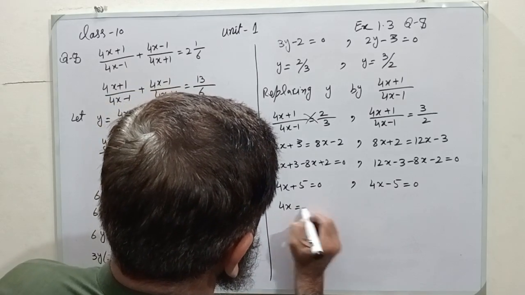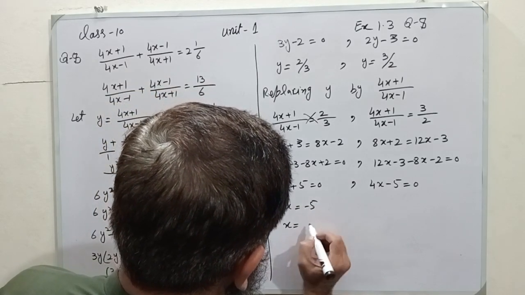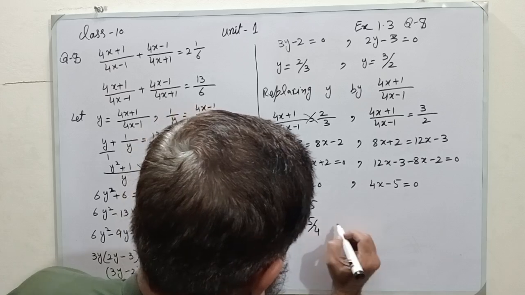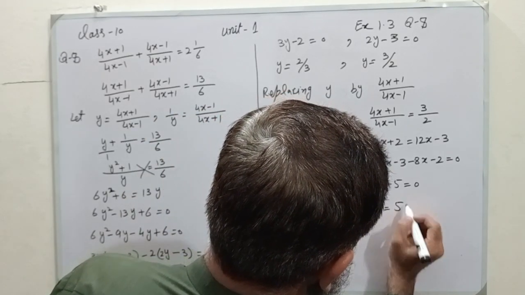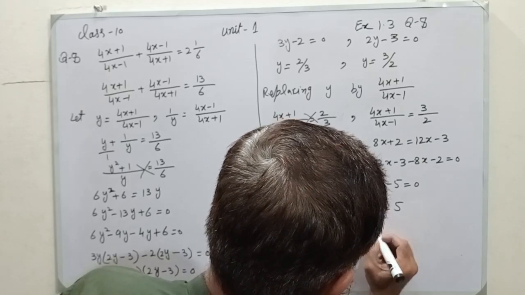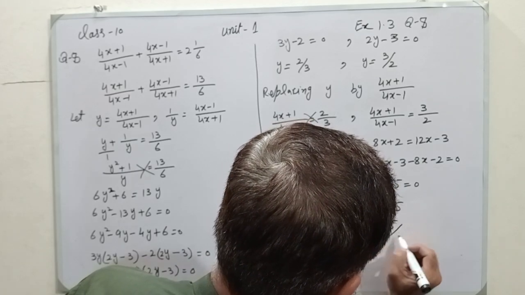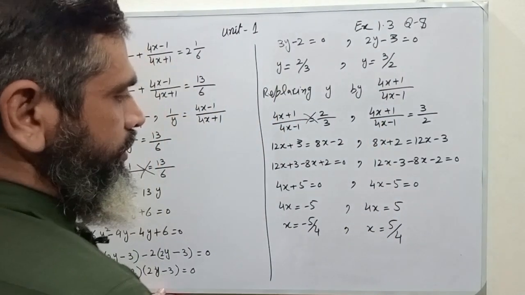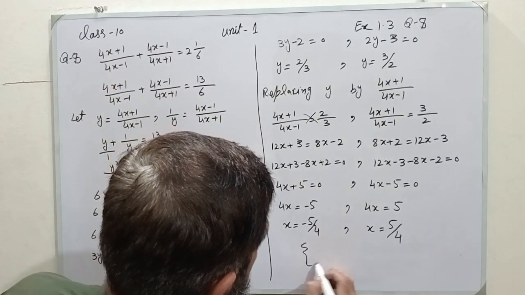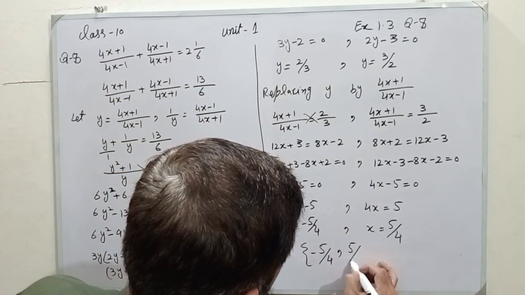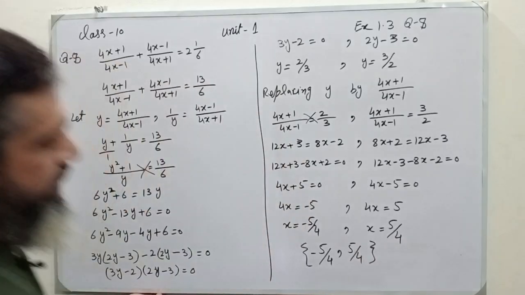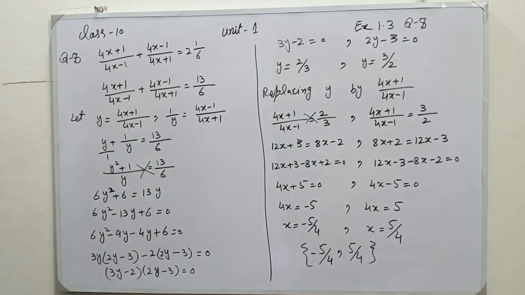Here 4x is equal to minus 5, x is equal to minus 5 over 4, and this one 4x is equal to 5 and x is equal to 5 over 4. Okay, so this one minus 5 over 4 and 5 over 4. This one is the solution set of the equation.